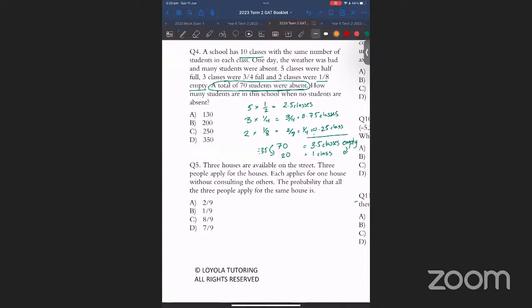Thanks, guys. All right. Just a quick recap of probability. Whenever you have 2 events that need to happen at the same time, you multiply. I'll give you an example.